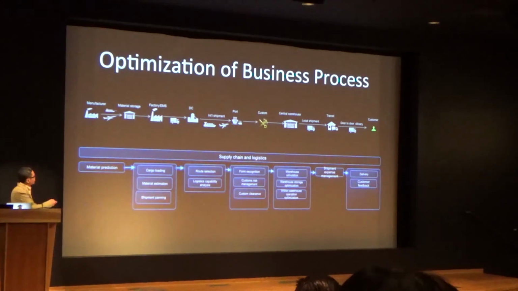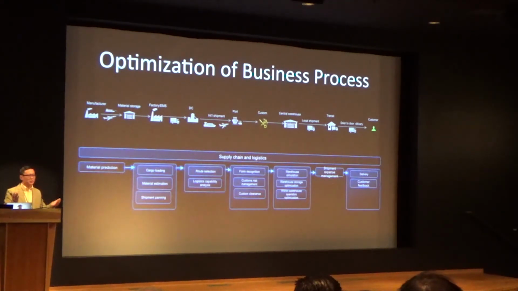So for each step, you know more or less how to optimize it. But when you're connecting multiple steps, you suddenly realize your optimization algorithms cannot handle that sophisticated situation. In the end, the problem is how well the data and information are connected among different steps.